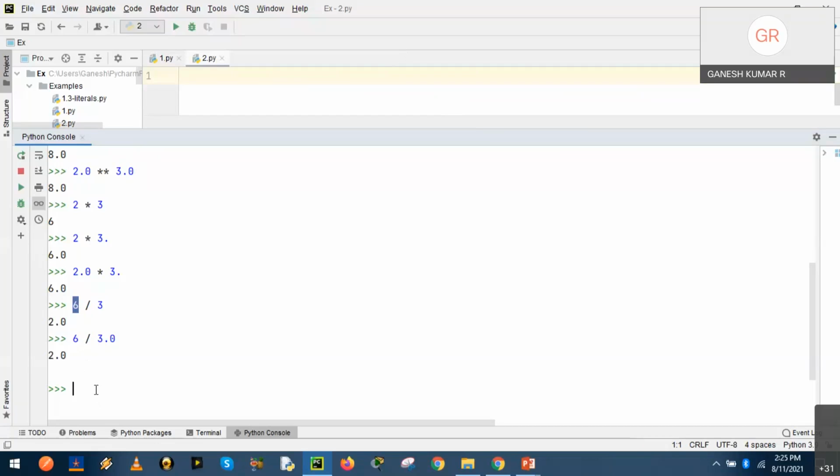Let us have another example: 1 slash 2. Now what will be the output? 0.5.